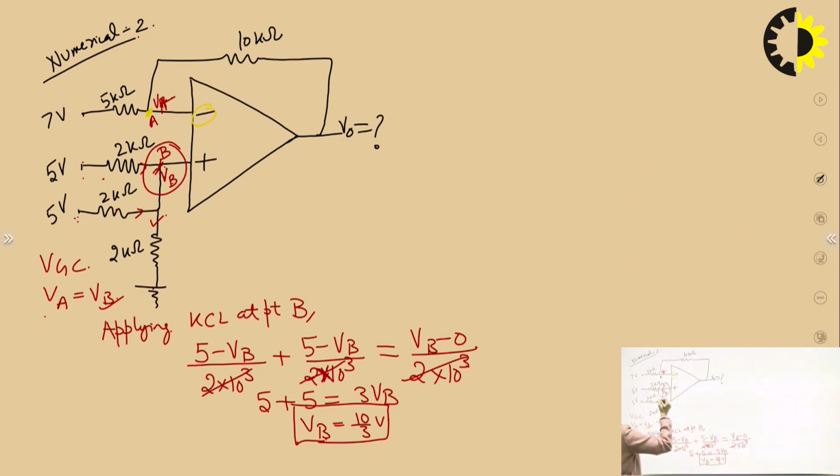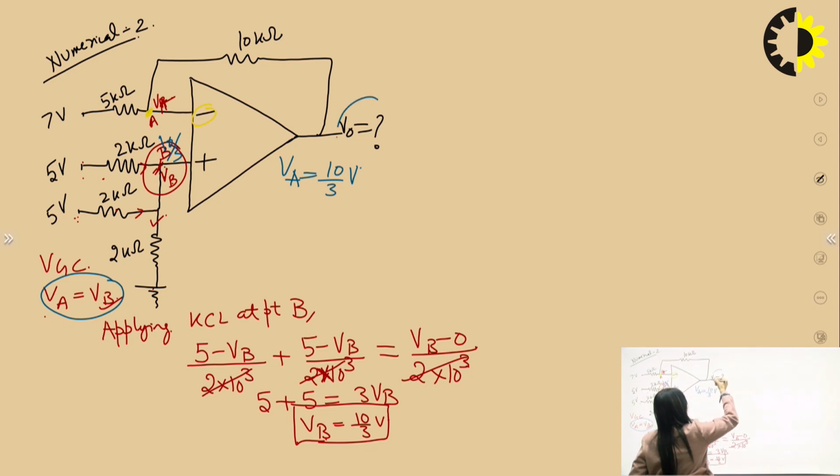Now this VB is known and it is equal to 10 by 3. From the virtual ground concept, I can write VA is equal to 10 by 3 volts. Now I will again apply KCL at point A, because I have to find out the voltage at the output.